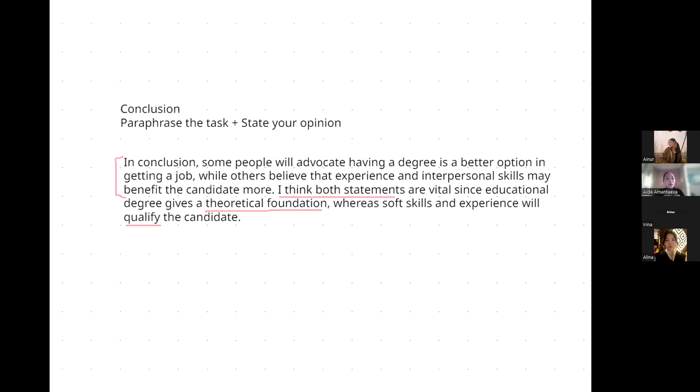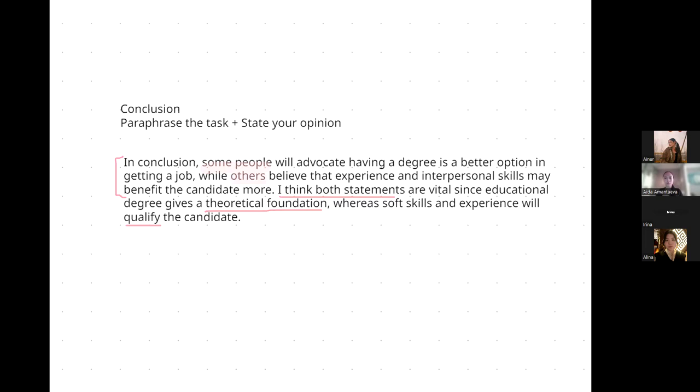paraphrase the task. So very first thing, you should paraphrase, basically write in your own words the task. So do you remember the task says some people believe, etc., and others believe this and this. So you should paraphrase and only then give your opinion.